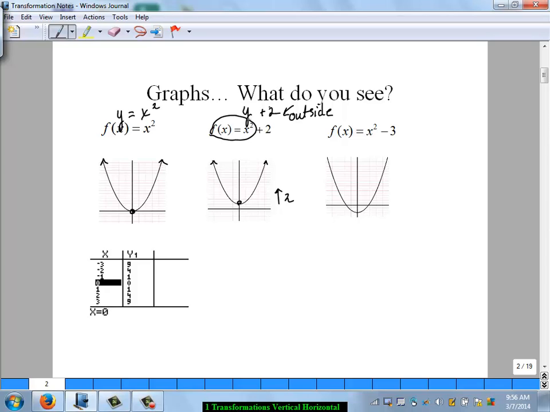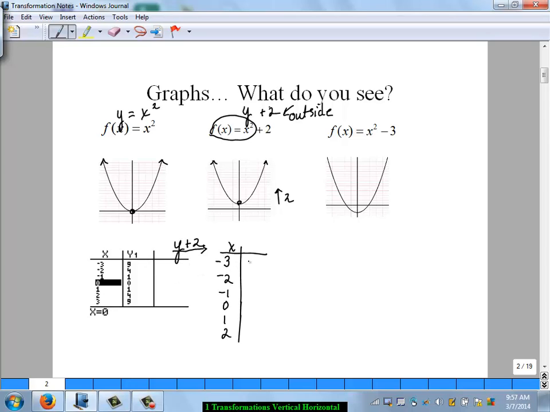Now if you'll notice, I took my y's and I added 2. So when you're graphing, you're going to take your original points of your table, make an arrow because you're transforming it, and all I'm going to do is take all my y values and add 2. So our new table will look like this. Your x's will remain the same, so I have -3, -2, -1, 0, 1, 2. And your y's, I'm going to add 2 to all my y's.